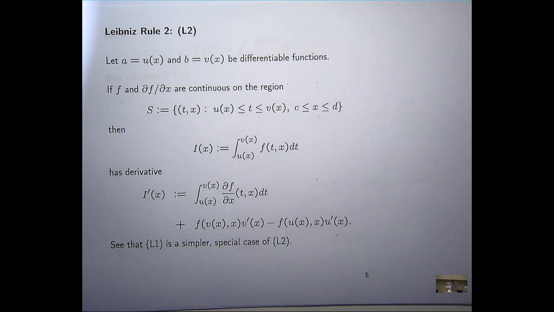Now, this is a lot to remember. I'll leave it for you to prove the more general case. I'll go back and do L1 if I have time. But this is just basically applying L1 and the chain rule. We talked about the chain rule last week.